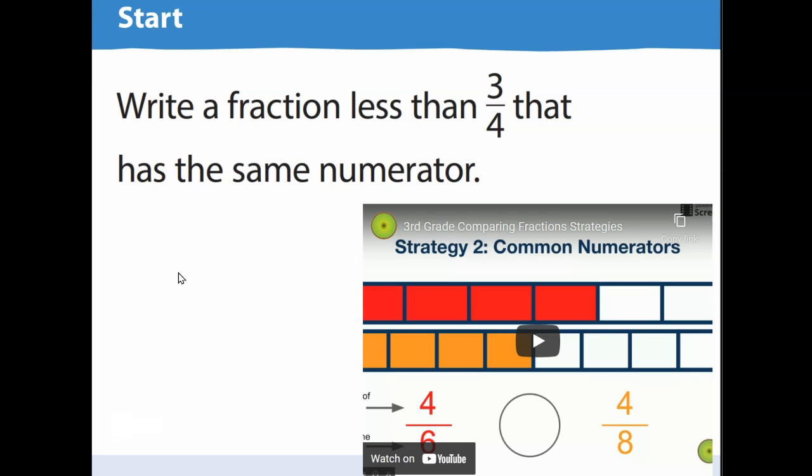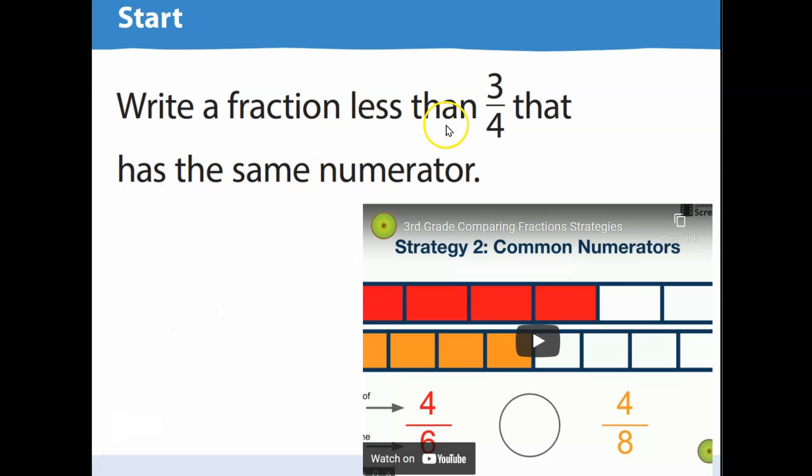And in big numbers, write a fraction that's less than 3/4. Go. Great job. I could have 1/4 or 2/4. Okay, that's rude.